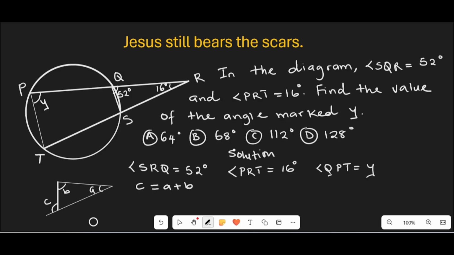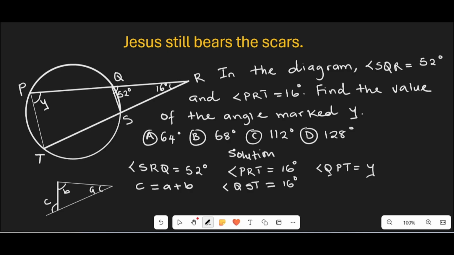If we compare this diagram with this one, you will agree with me that our angle A is 16 degrees, our angle B 52 degrees, and our angle QST is C. So we can say that angle QST equal to 16 degrees plus 52 degrees.